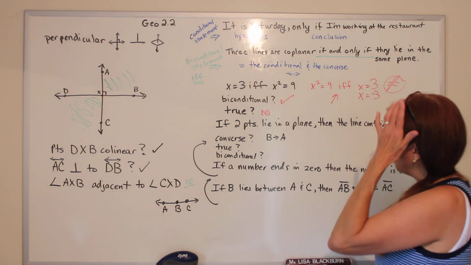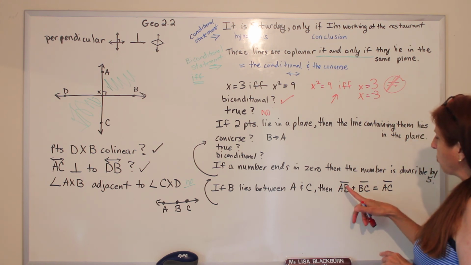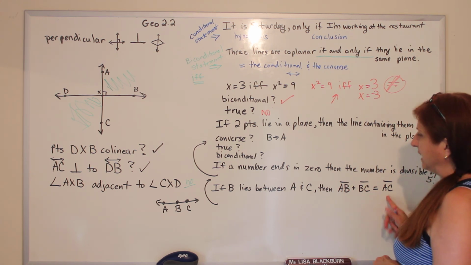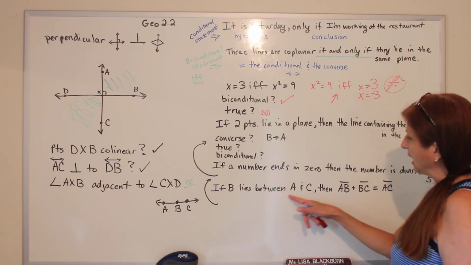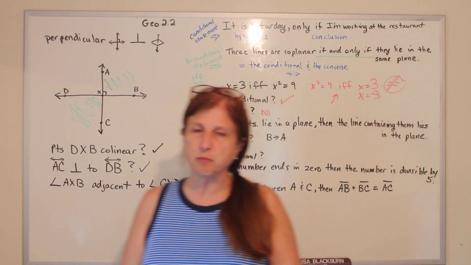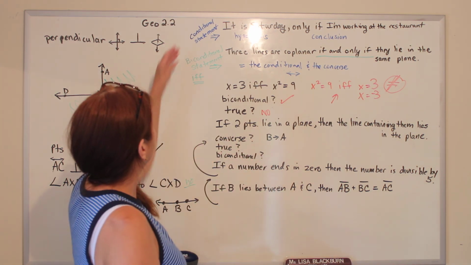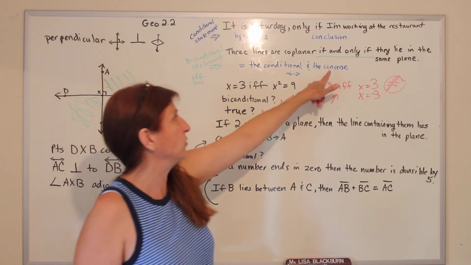See, that wasn't hard. And now let's see if it works the other way. If AB plus BC is AC, then B lies between A and C. That one's true both ways. We made it biconditional, and both the conditional statement and its converse are true.